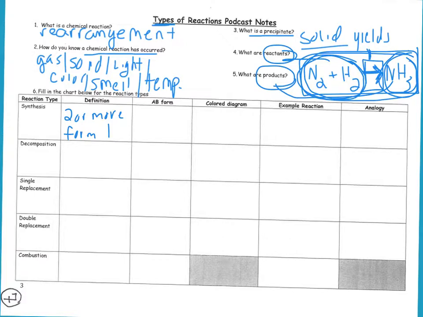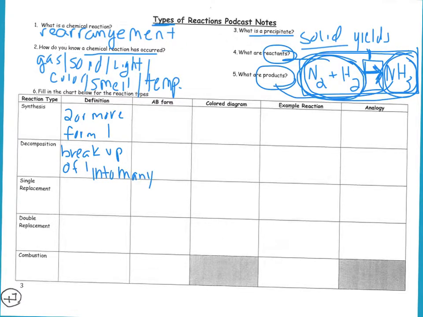A decomposition would be just the opposite. That would basically be the breakup of one species or one chemical compound. All right, that's the breakup of one, usually into many, 2 or many.